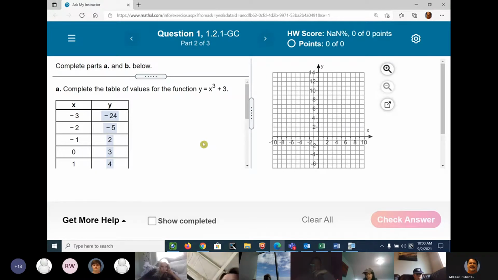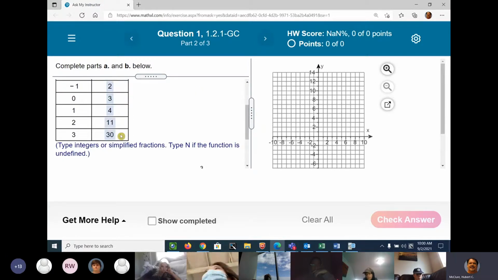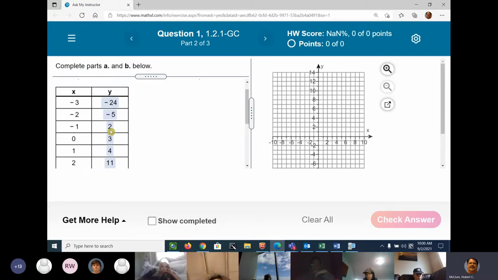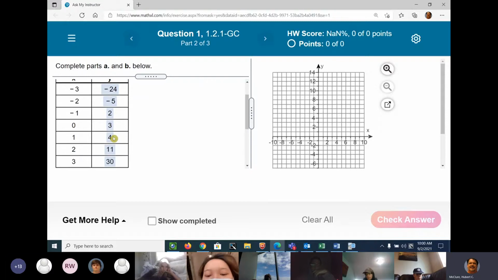So anyway, that's where you went wrong on that one. -1 is 2. 0 is 3. 1 is 4. 2 is 11. It looks like you just, let's see, that'd be 20. Yeah, you just messed up one. I'm going to make sure I didn't mess it up. Let's see, -2. Yeah, I did. -2 cubed is -8, plus 3 is -5. So I did mess it up. I suck. There we go. All right, I just changed that to -5 right there.